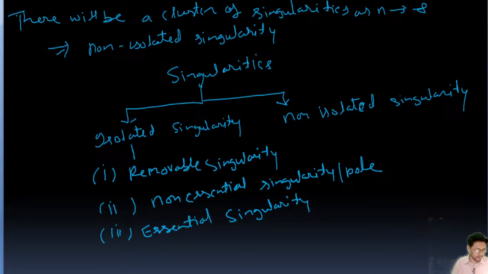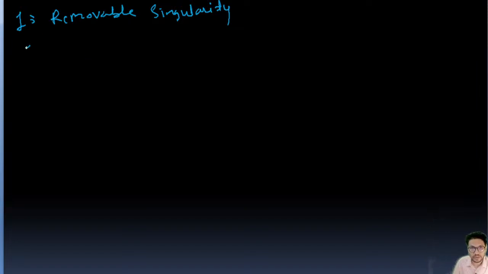Next point, we'll discuss removable singularity. Principal part means the negative powers.